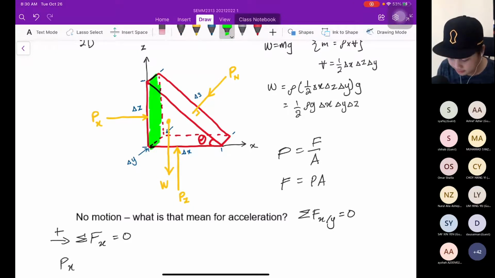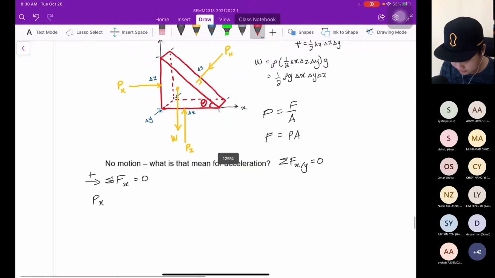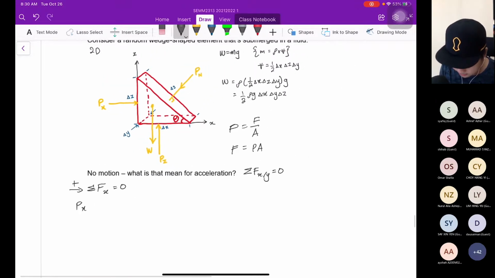Is it clear? So what is the area here? Anyone? What is the area? Delta Z and delta Y. Okay, we have another force. Yes, you can see pressure normal.